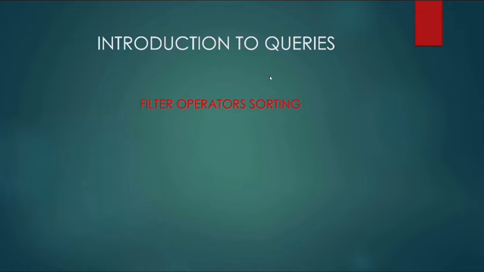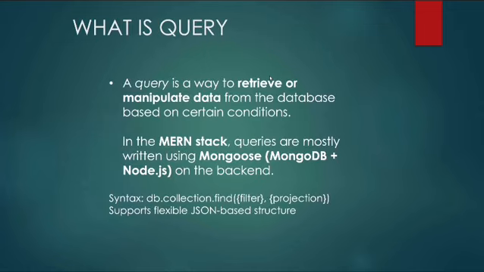What is a query? A query is a way to retrieve or manipulate data from the database based on certain conditions in the MERN stack. And queries are mostly written using MongoDB plus Node.js on the backend. On the syntax here, db.collection.find takes a filter and projection, and supports a flexible JSON-based structure.